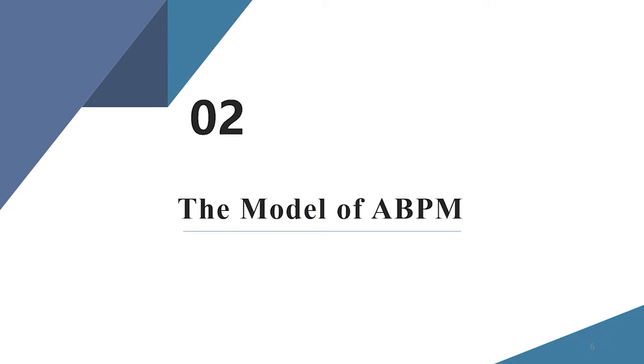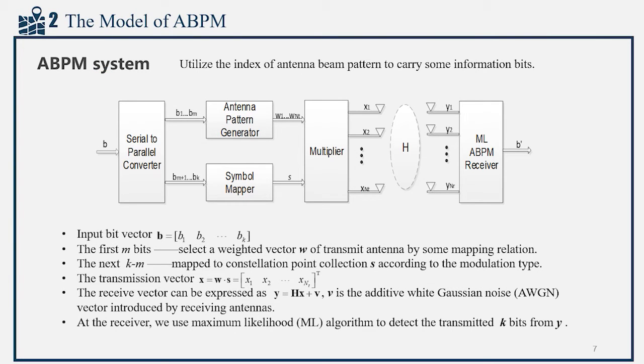Next, let me introduce the model of ABPM including transmitter, channel, and the receiver. At the transmitter, the input bit vector B includes k bits. We convert k bits into 2 parts by serial to parallel conversion.